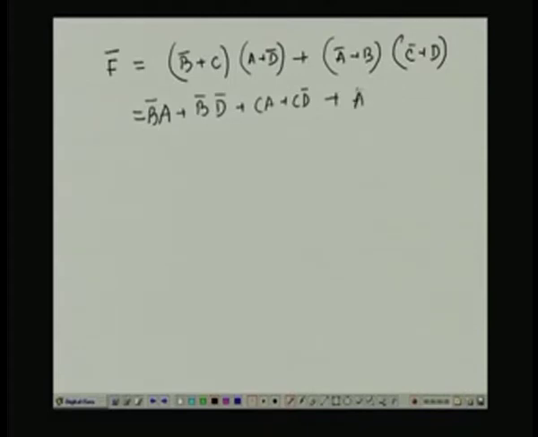Similarly, this becomes A bar C bar, A bar D plus B C bar plus B D. Now, this becomes B bar D, B bar D bar plus A D bar. So, these two terms I keep as they are.